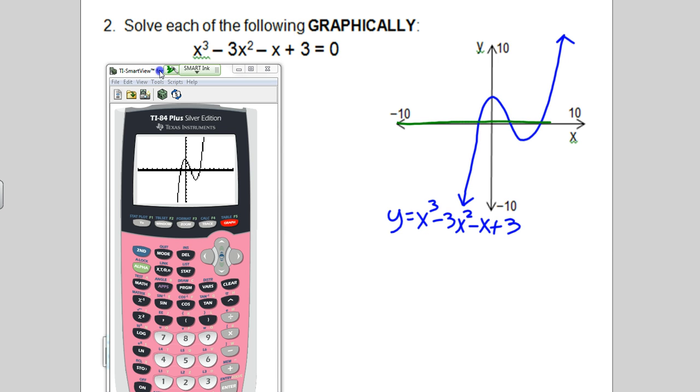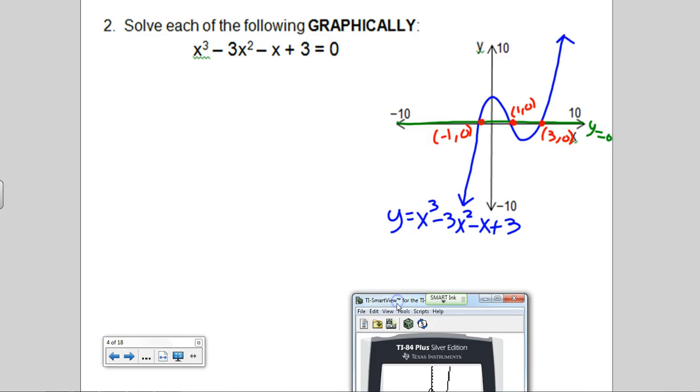This is my y equals 0 graph. And I can see, again, that they're hitting at these 3 spots. I could check the table, but this is hitting at -1, 0. That's hitting at 1, 0. And this one's hitting at 3, 0. So your answers are the x coordinates of those points of intersection. So x is -1, 1, or 3.